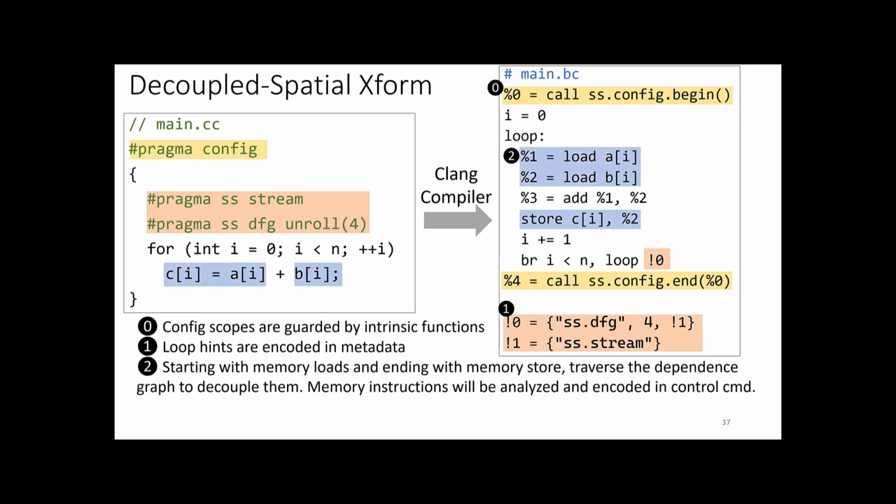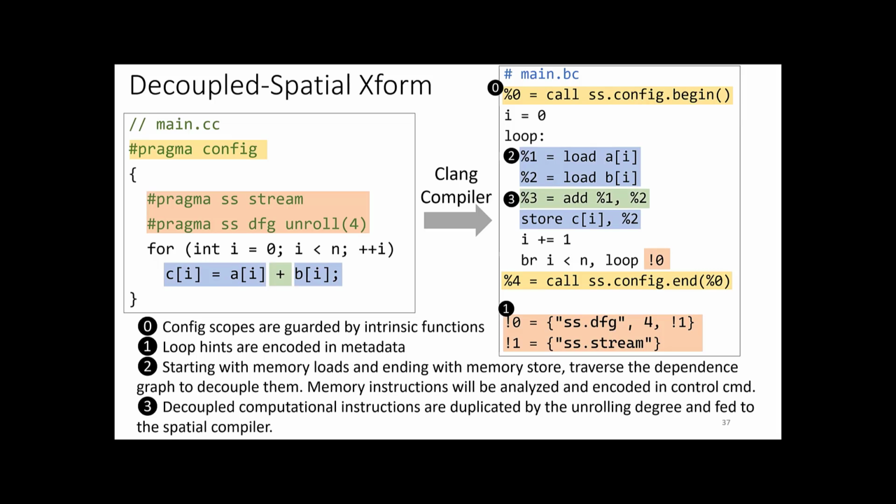And our transformation pass will analyze the instructions in this annotated code region by starting from load memory operations and ending with store memory operations, traversing the dependence graph.